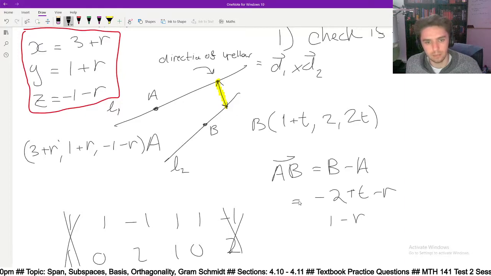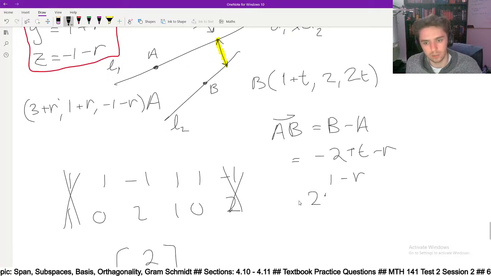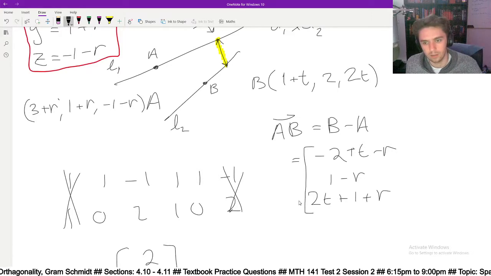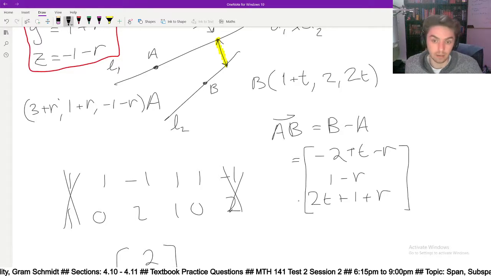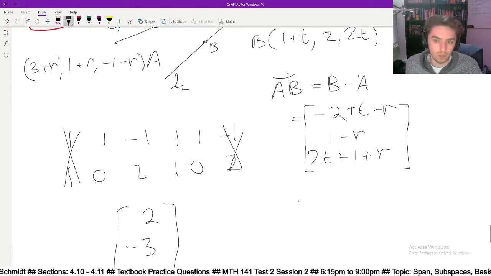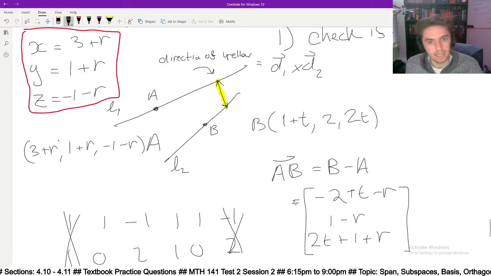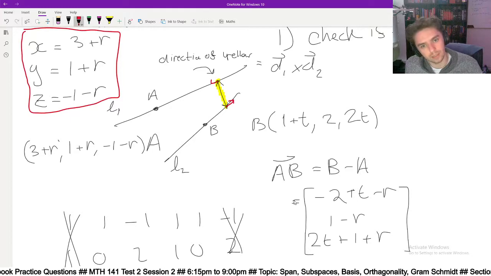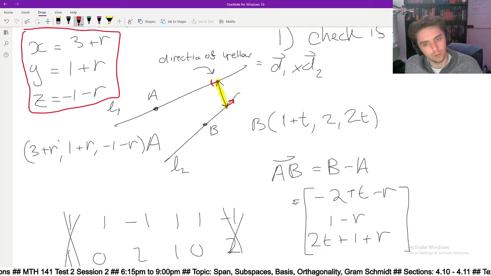And 2t minus that is just going to be 2t plus 1 plus r. So now we have AB. And one thing we know is that AB is going to be orthogonal to both direction vectors.